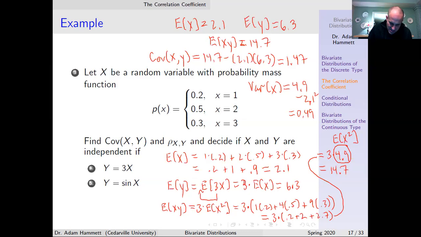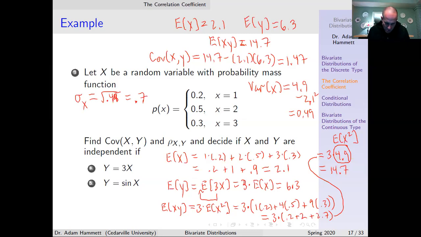Since that's the variance, I know that sigma sub X is going to be the square root of 0.49, and that works out nicely because the square root of that is just 0.7.